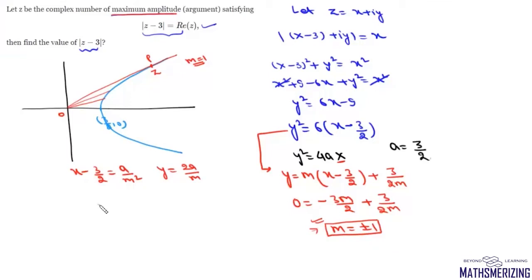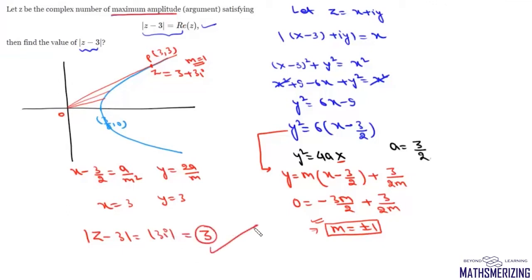So we'll get x as 3 and y as 3. So this point P, its coordinate will be (3, 3) and this z is 3 plus 3 iota. Now we'll need to find the value of mod z minus 3. So mod z minus 3 will simply be mod of 3 iota, and mod of 3 iota is 3. So the answer to this question is 3.